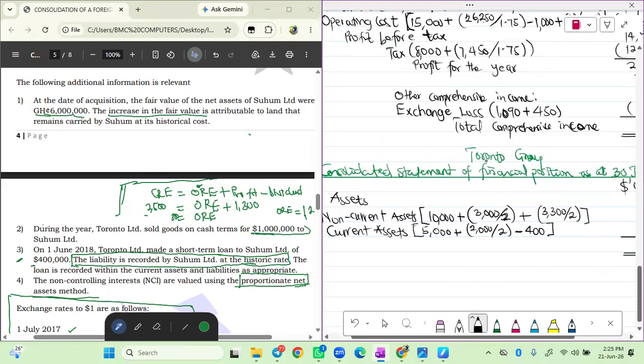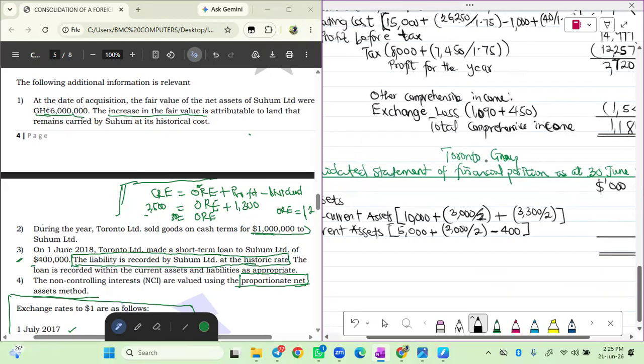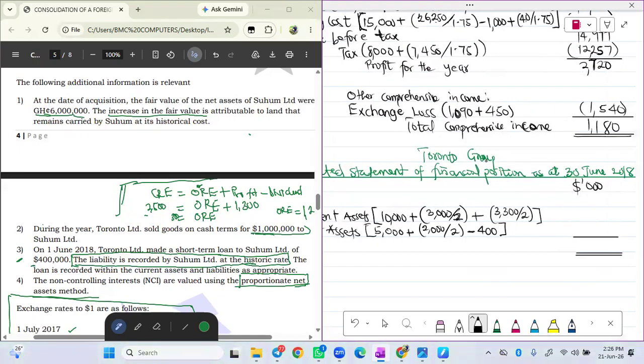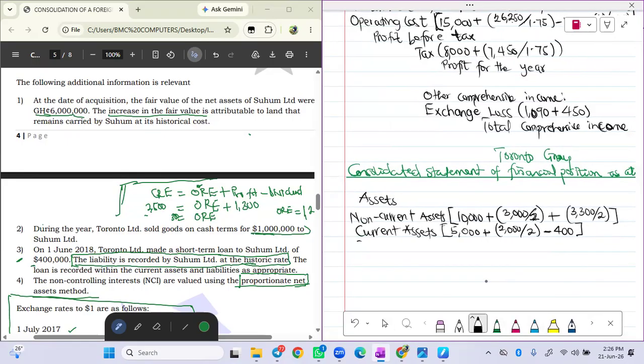So now, someone give me the NCA. 13,150. Current assets 5,600. What will be the total assets? Sorry, you have to bring the goodwill.